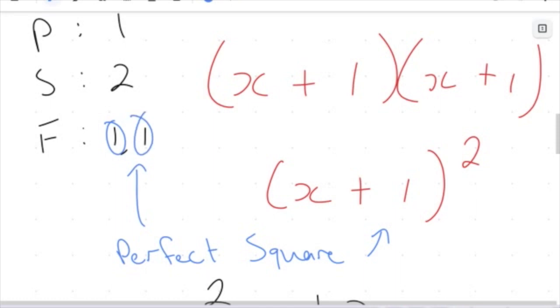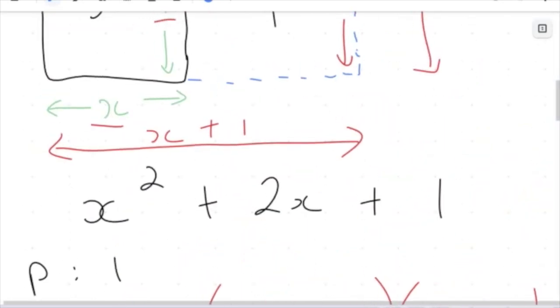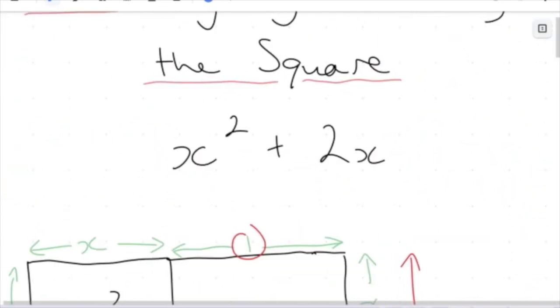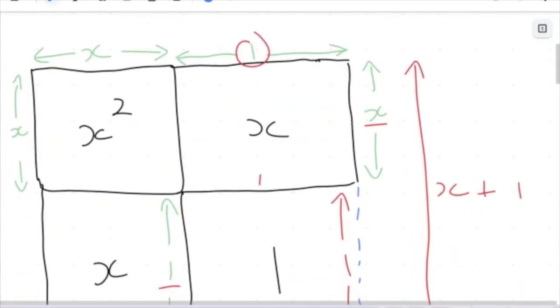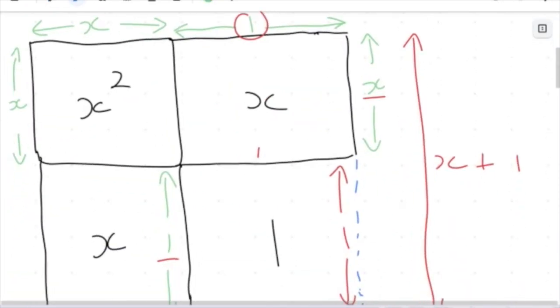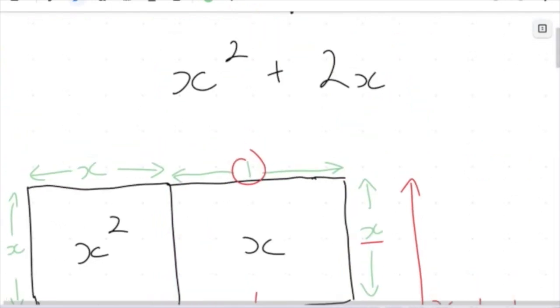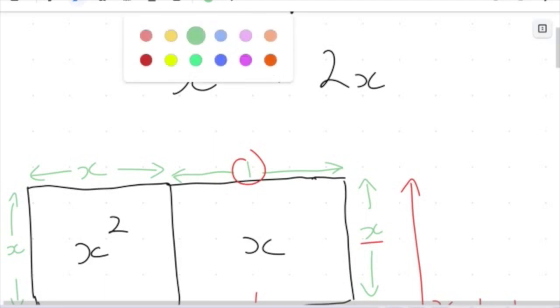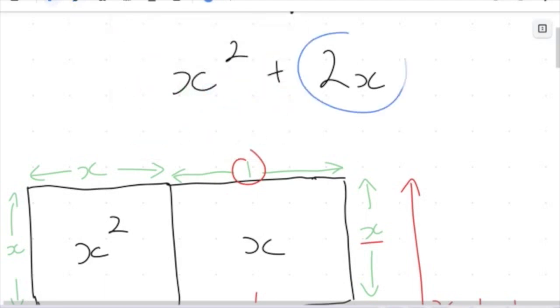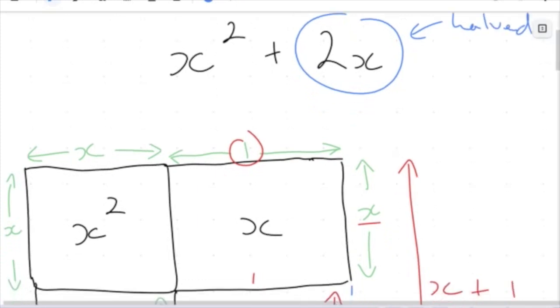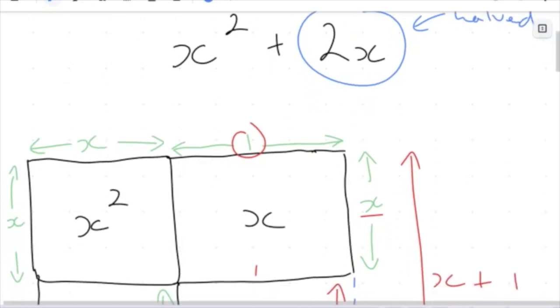Now, what did we do every single time when we did this type of question? Well, up here, when we broke this up into two smaller rectangles, we halved my 2x. So, we halved this. And that broke this up into x plus x.